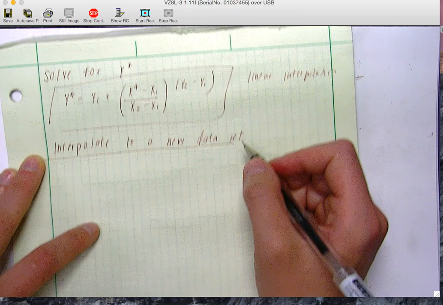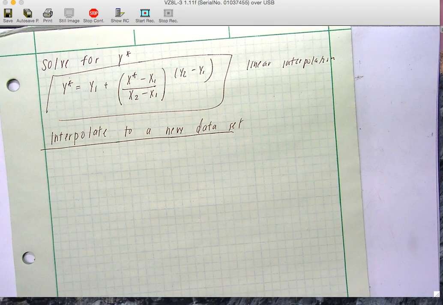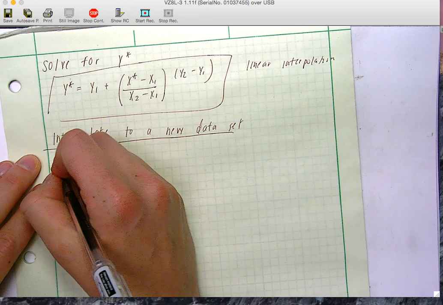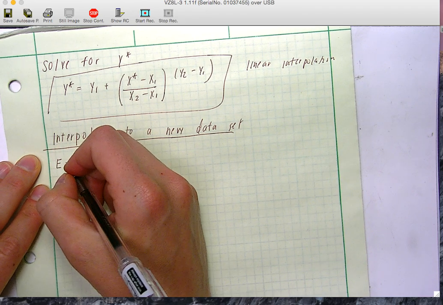This type of interpolation algorithm is used everywhere in engineering modeling and in any sort of lab work. And the idea is that if you have collected data, well, I'll just give an example.